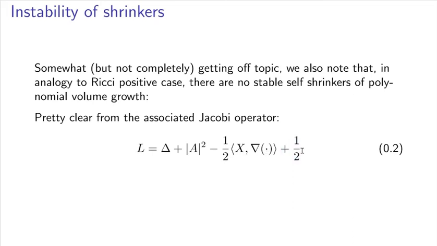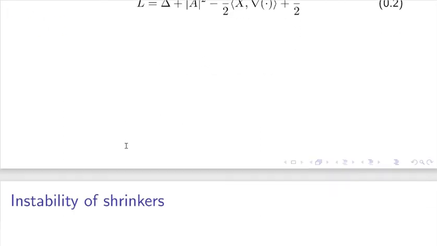So this tells you, at least in the compact case, but it also works in the non-compact case with polynomial volume growth, that you should be able to just plug in 1 here to see that the index has to be non-zero. Now, you use polynomial volume growth because you have to work in the appropriate L2 spaces, so it's kind of a technical thing for the spectral theory, I'll say.